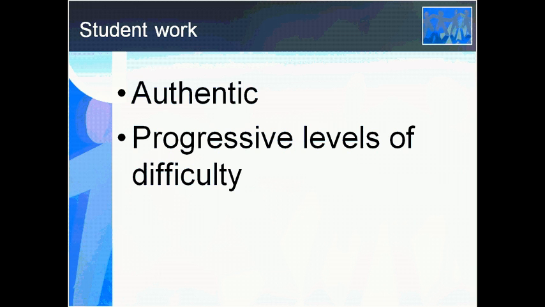Types of work that are associated with problems that are being solved, student work that's associated with case studies. These are the types of student work that are high quality, because they are related to authentic, real world situations. And naturally, the student work should be progressive.